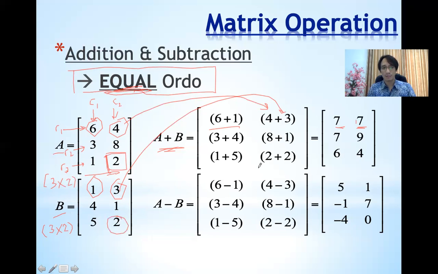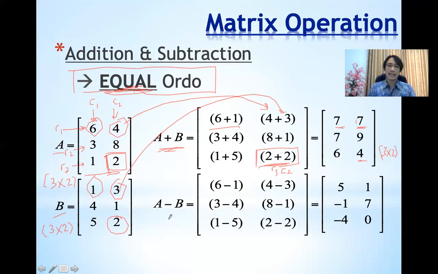So 2 plus 2. It will be the result in the new matrix at row number 3 with column number 2. The result is 4. And the result must have the same order, 3 times 2.